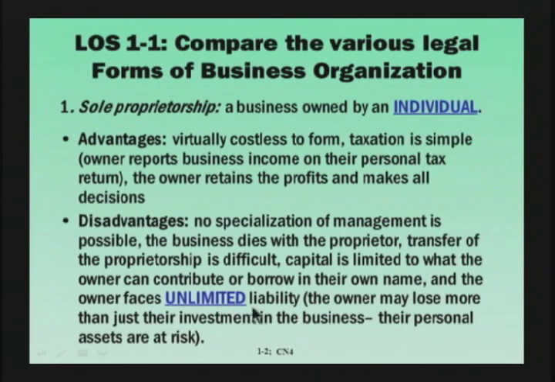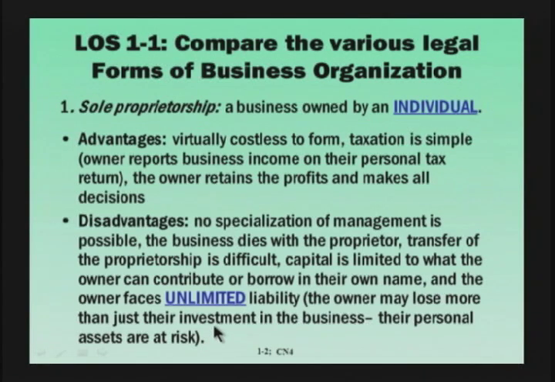A major disadvantage for a proprietorship is the idea of unlimited liability, that if something goes wrong in the business, the owner, proprietor, can lose not only their business assets or investment in the business, but their personal assets are at risk as well.